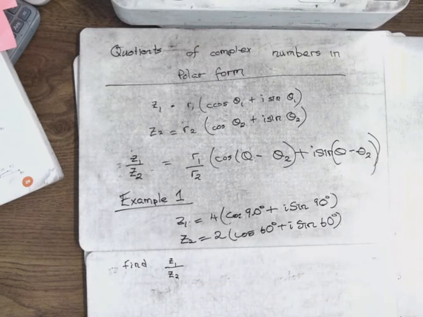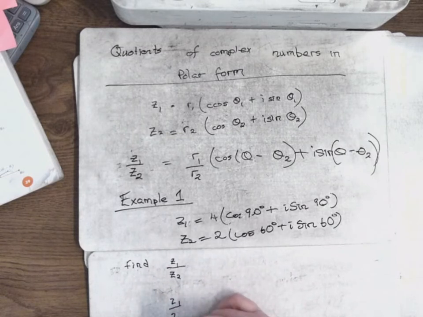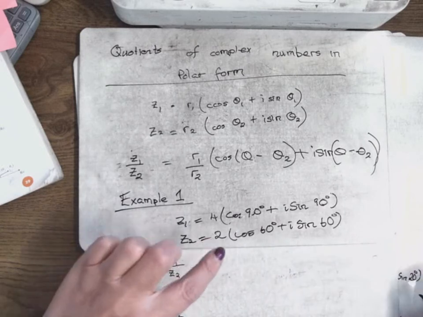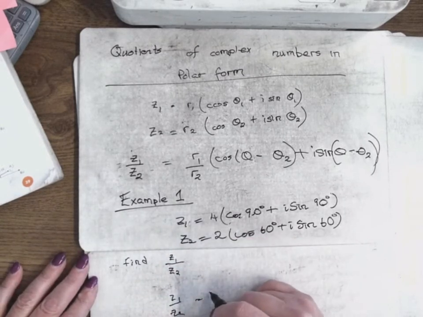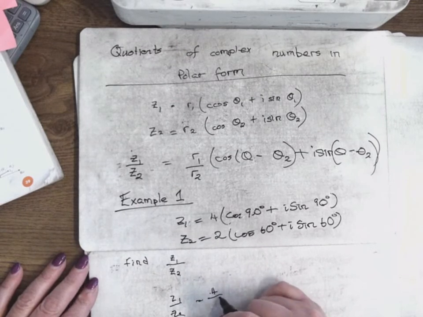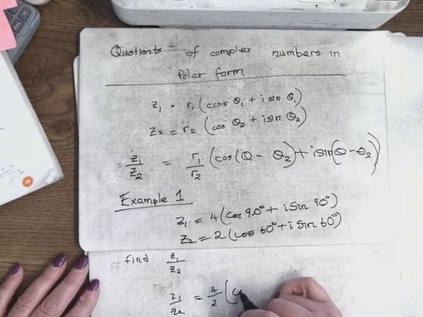Right, so for division, Z1 divided by Z2, all you have to do is divide the moduli. So 4 divided by 2 is 2, isn't it? And then you subtract the angles.